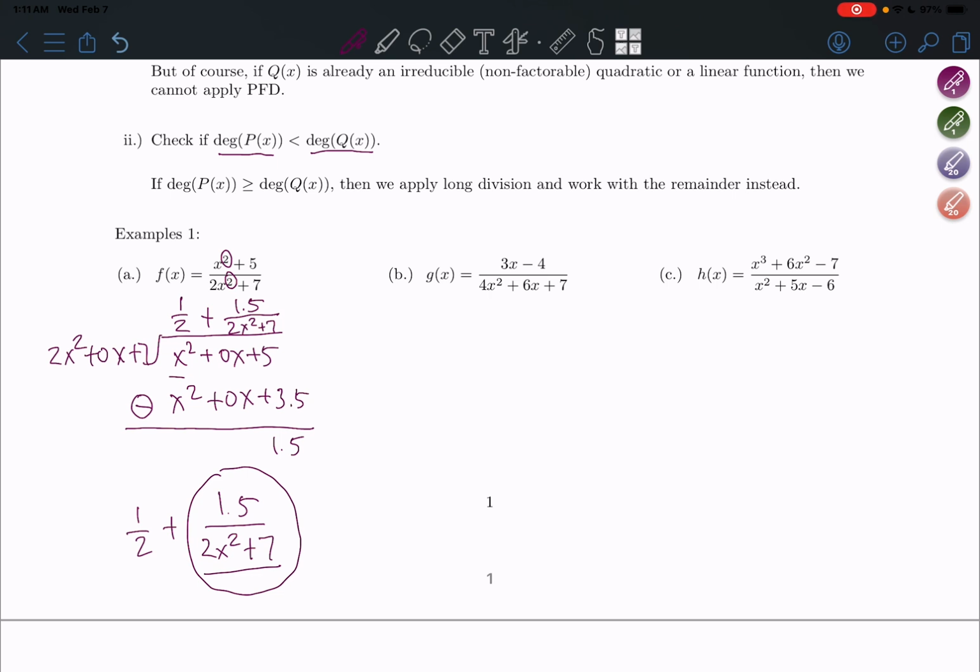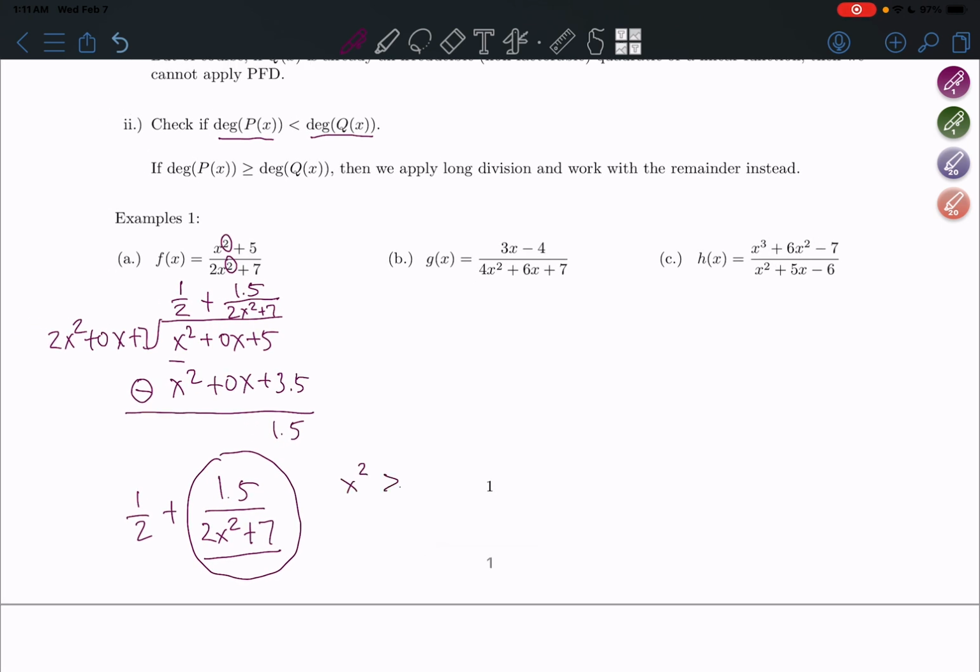Well, it can never equal 0, because x squared is always positive, or at least 0. If I multiply by 2, it's the same thing, so at least 0. But now if I add 7 on both sides, then 2x squared plus 7 is at least 7, which means it's never going to equal 0.